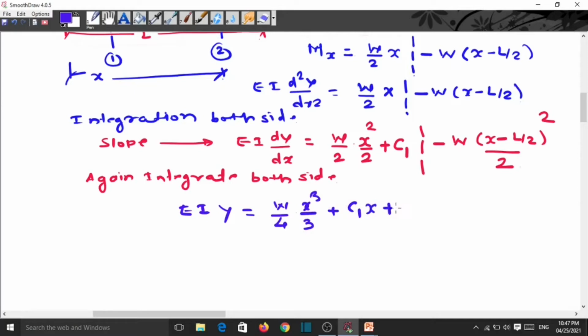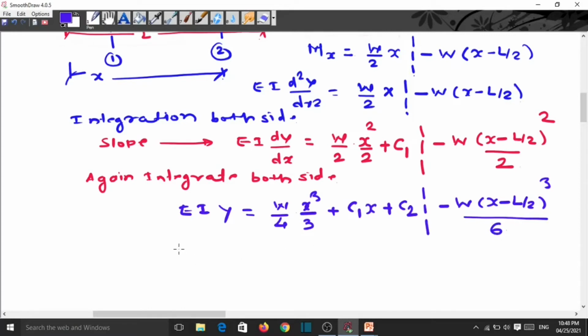Again add one constant of integration, C2. Then minus W, x minus L by 2, whose integration is x minus L by 2 bracket cube divided by 3 into 2, that becomes 6.